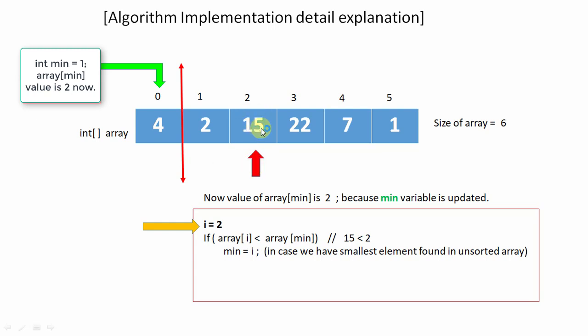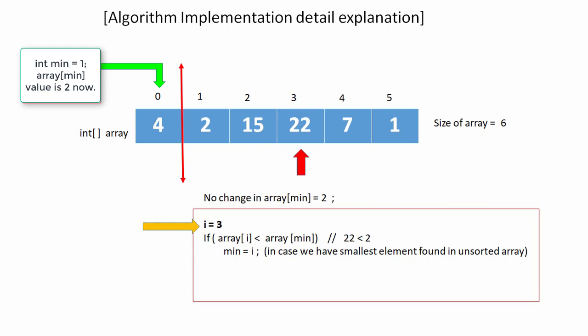Okay, now the comparison will happen between 2 and 15 because we have changed min; array[min] is now 2 and min is equal to 1. So the value will be compared. 15 is less than 2, so it is false, the if condition will not be executed and we will move further. So the pointer will move to the next element.